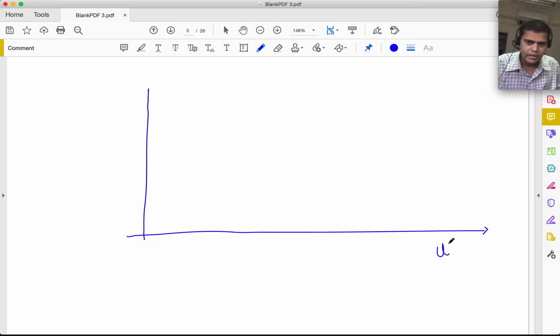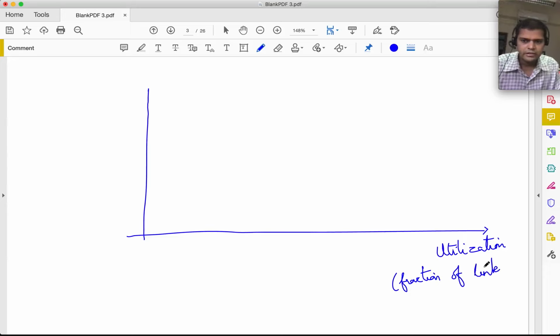On this axis I'm going to plot what is called utilization. What is the utilization? Well, it's a fraction of link capacity which is used.